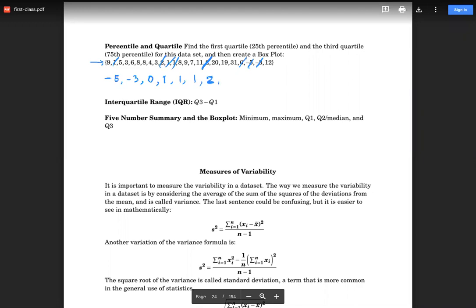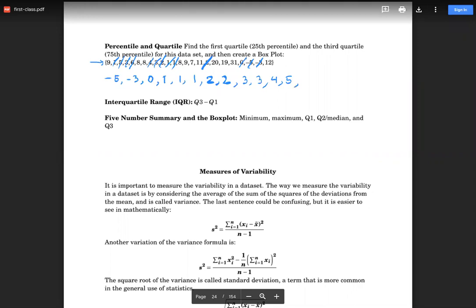How many 3s we got? Just 2 3s. 3, 3. How many 4s we got? Just 1 4. How many 5s? Just 1 5. How many 6s? 1 6.